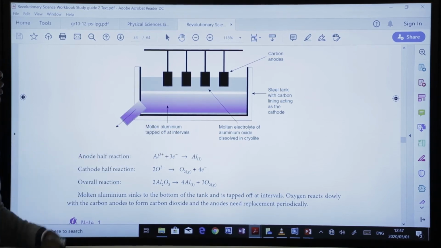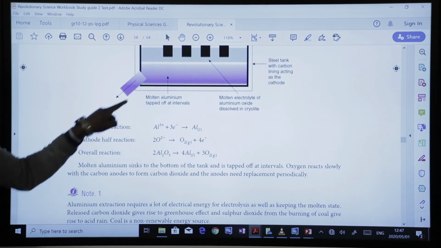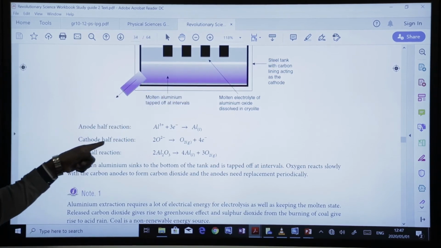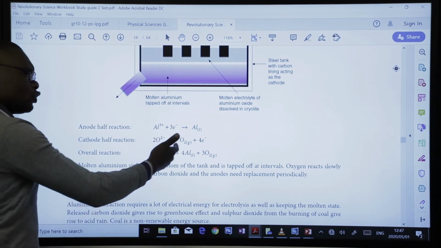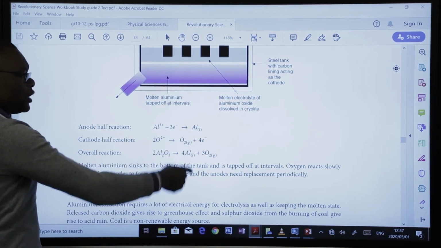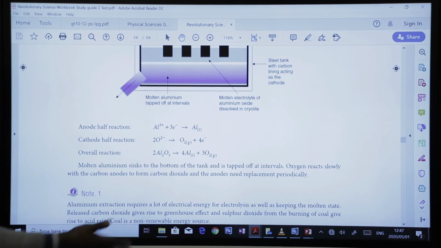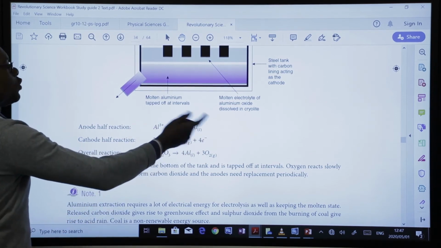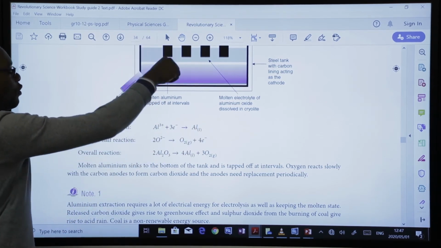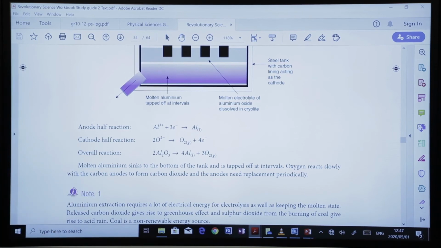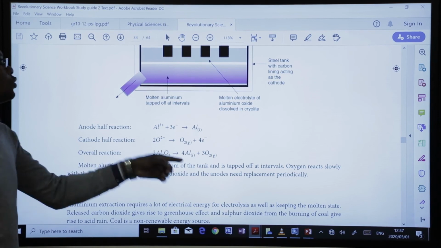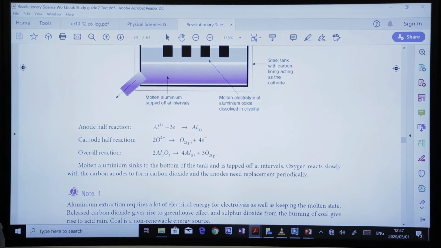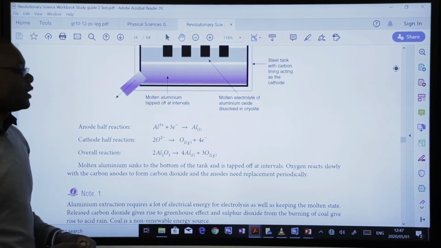Okay, and then at the cathode here, the oxygen 2 minus gives up the electrons to become oxygen gas, which bubbles out and leaves 4 electrons. So where do those 4 electrons go? They go back up there. So we are saying the overall reaction is such that we have aluminium oxide giving us liquid aluminium, and we give off oxygen as a gas.